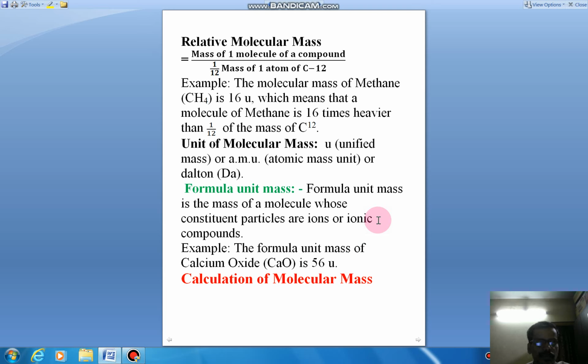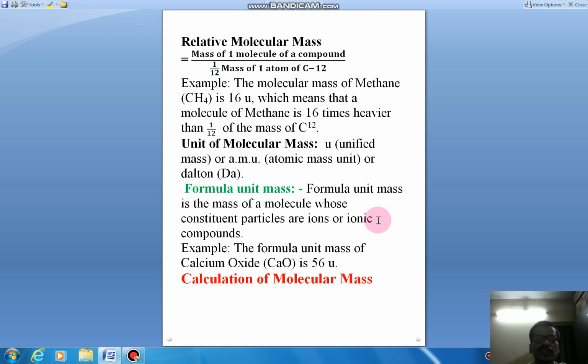But remember there is no difference between molecular mass and formula unit mass. Only formula unit mass is used for compounds which are formed by ionic substances or by ions. That is called formula unit mass.